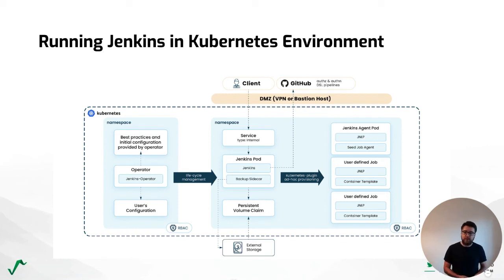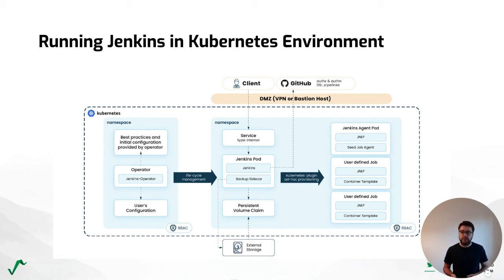We provide some base plugins, everything which makes Jenkins fully operational and secure. On the other hand, user can provide his own configuration like plugins, Groovy scripts, configuration as code, and many more. The operator controls lifecycle of Jenkins.